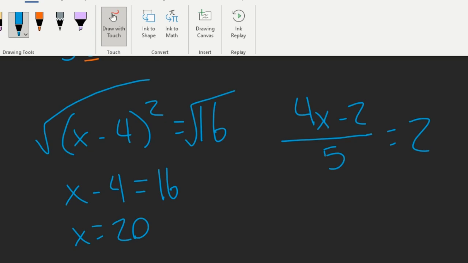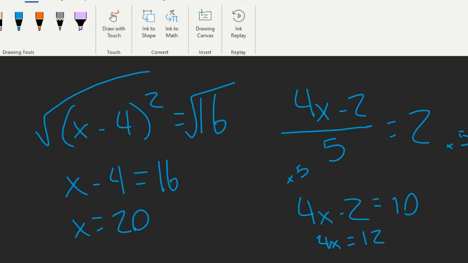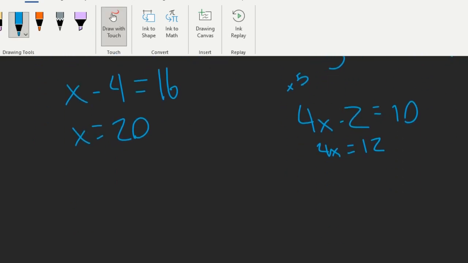So we multiply by 5 on both sides, and we get 4x minus 2 is equal to 10. Then we can remove this 2 by adding 2 to both sides. It's going to be 4x equals 12. And finally divide by 4, that way we can get what x really equals, and it's going to be x equals 3.